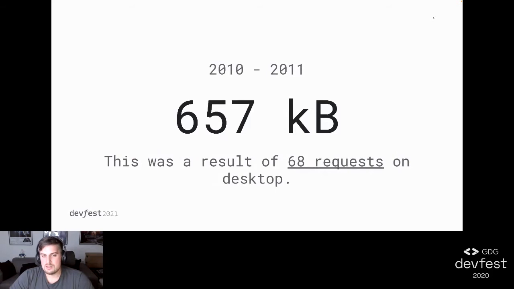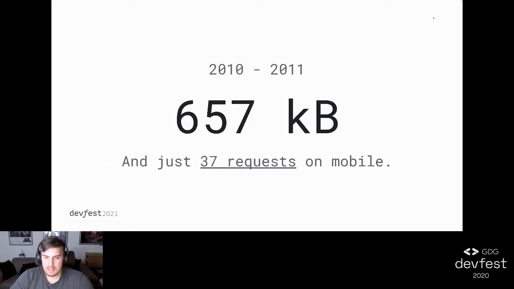And these 650 kilobytes were a result on average of 68 separate requests and 37 requests on mobile. Now, clearly, this is half the requests on mobile because 10 years ago we didn't have that many smartphones that we have today. So naturally, this number would be a lot lower.